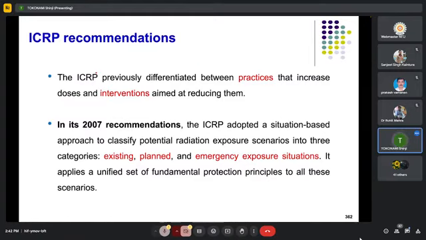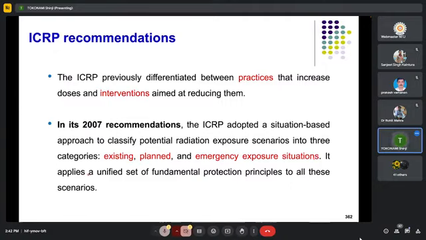ICRP recommendations. The ICRP previously differentiated between practices that increase doses and interventions aimed at reducing them. In its 2007 recommendations, the ICRP adopted a situation-based approach to classify potential radiation exposure scenarios into 3 categories: existing, planned, and emergency exposure situations.